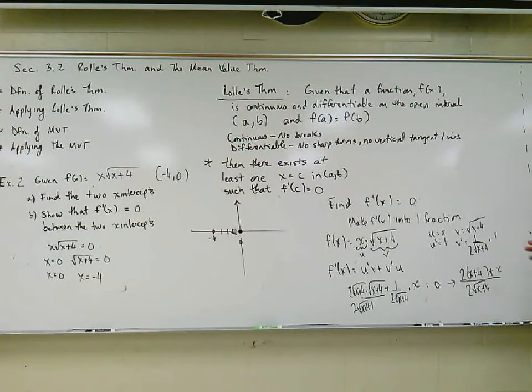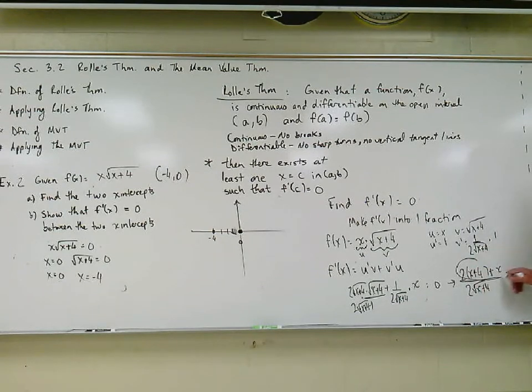And the only way that a fraction can equal 0 is if what part equals 0? How can this divided by this give the answer 0? What part has to be 0? The top. Because the bottom, we already know that's an endpoint. So we're going to set the top to 0. Well, this is 2x plus 8 plus x, which just becomes 3x plus 8.